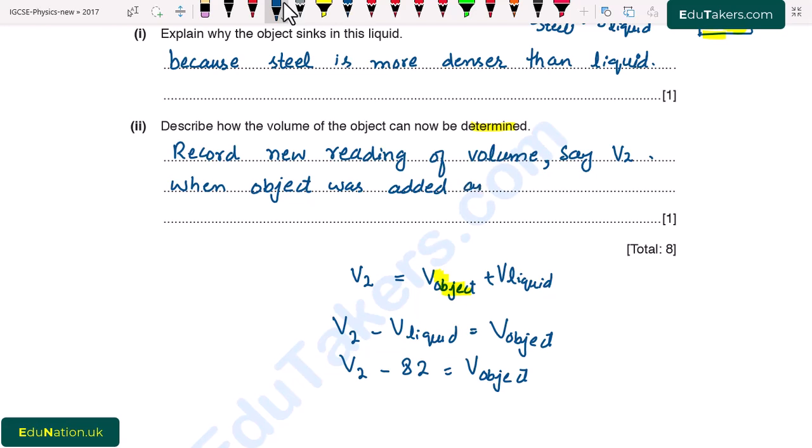And subtract 82 cubic centimeter from it. So in this way, we can find out the volume of the object.